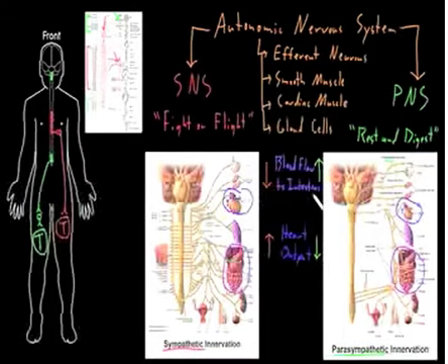So these examples of blood flow involve the activity of smooth muscle, because smooth muscle is around our blood vessels and determines where the blood is going to flow to, and cardiac muscle, because the cardiac muscle makes up the heart. And then if we think about gland cells, there's a bunch of different glands that the autonomic nervous system controls, and they tend to be activated differently at different times. So one type of gland that's activated during fight or flight situations when the sympathetic nervous system is active are sweat glands out here in the skin.